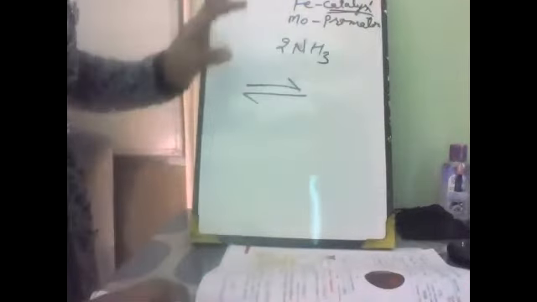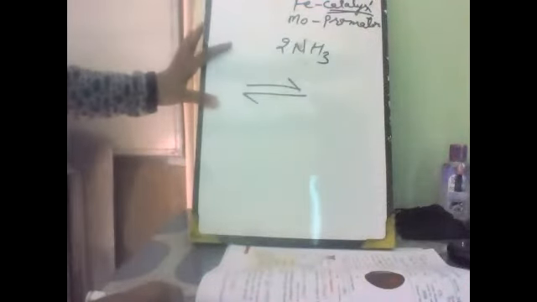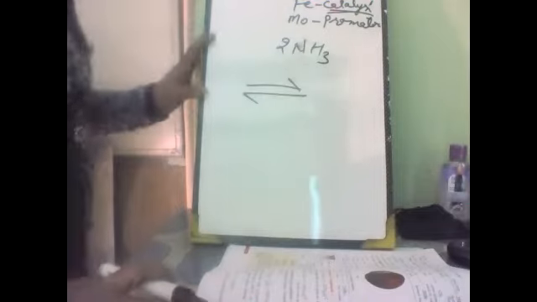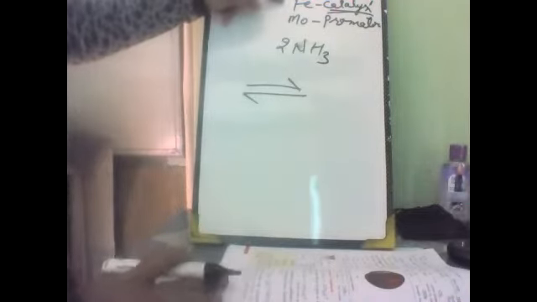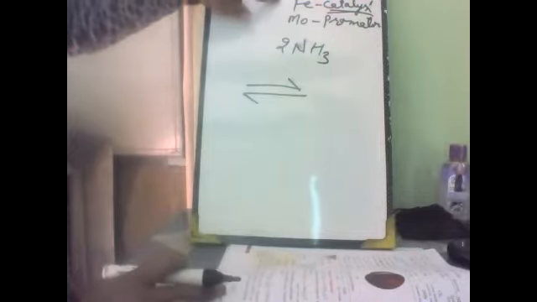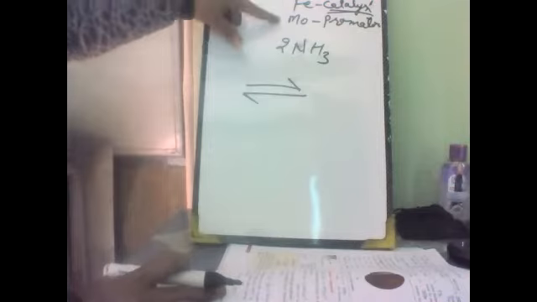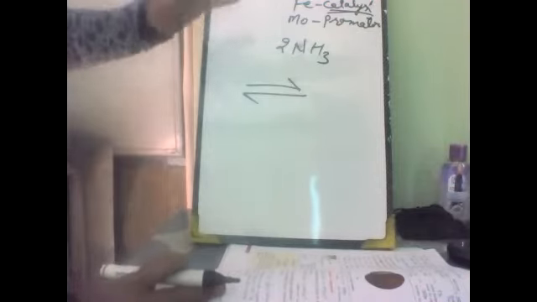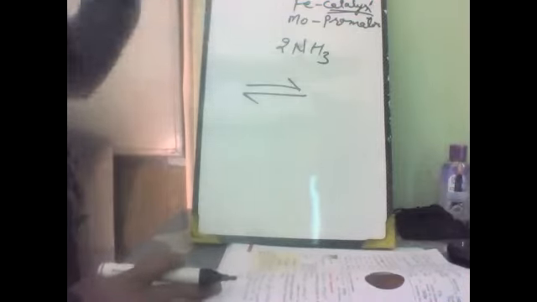Here the word catalyst is coming. A catalyst is a substance which increases the rate of reaction. The presence of iron in this reaction increases the rate of reaction, and molybdenum is the promoter to help the reaction go on.